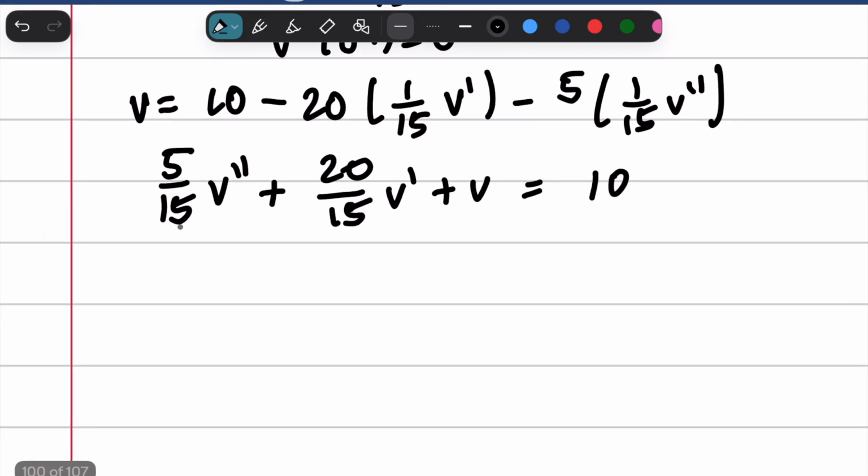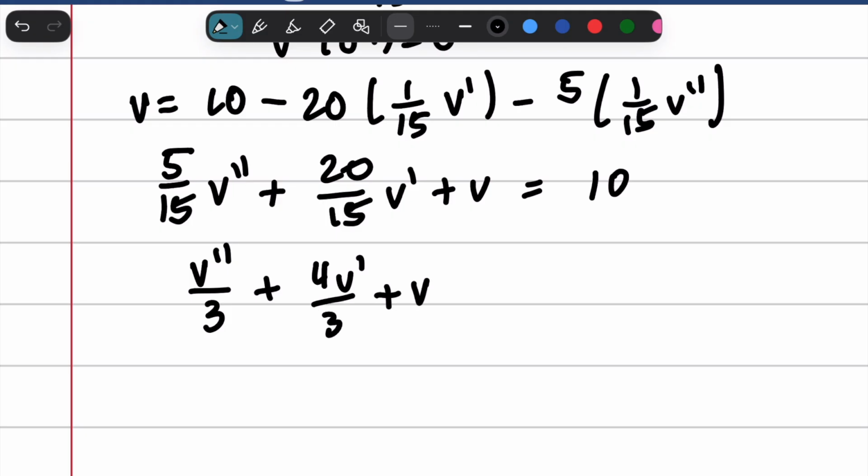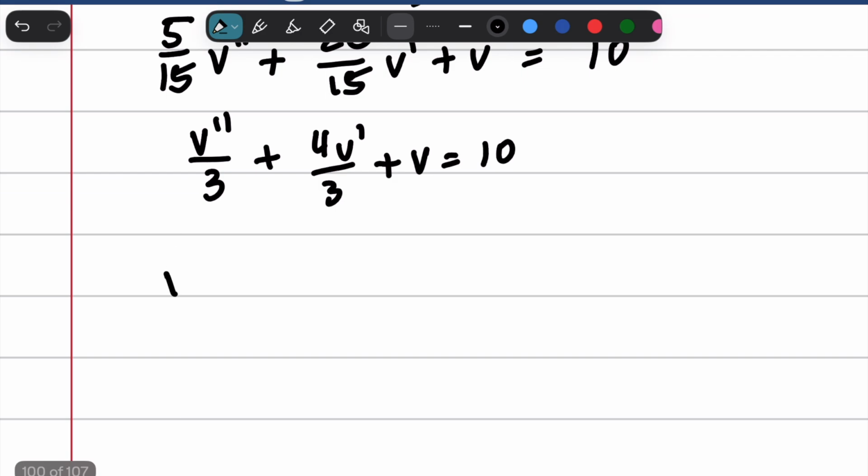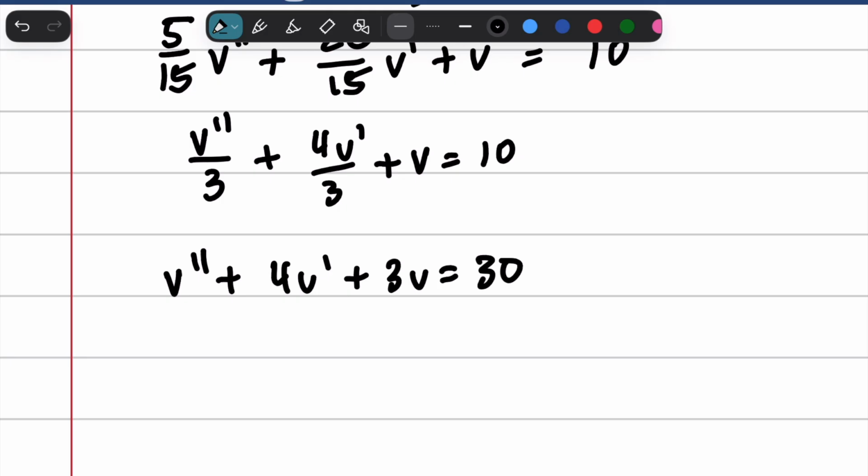Okay, so all of these guys are going to simplify down to v double prime over 3 plus 4v prime over 3 plus v is equal to 10. Multiply both sides by 3. And we get v double prime plus 4v prime plus 3v is equal to 30. And right now you're supposed to be excited because look at that. We've got our homogeneous differential equation.